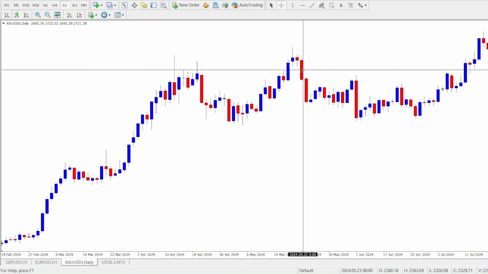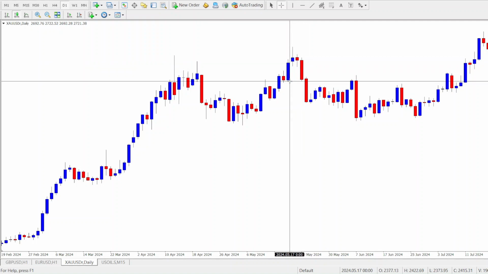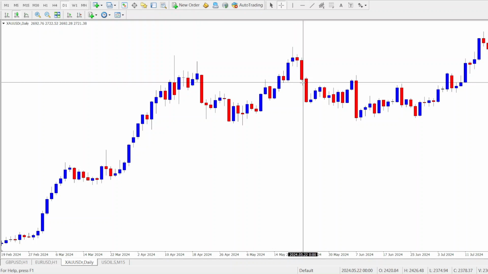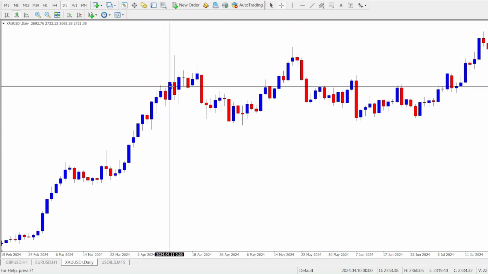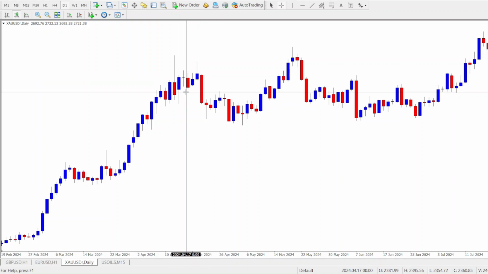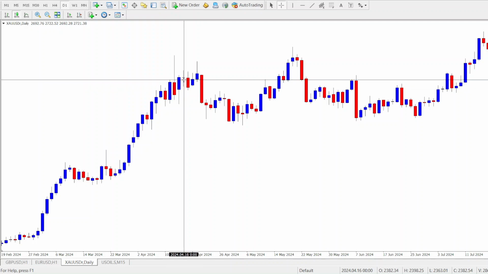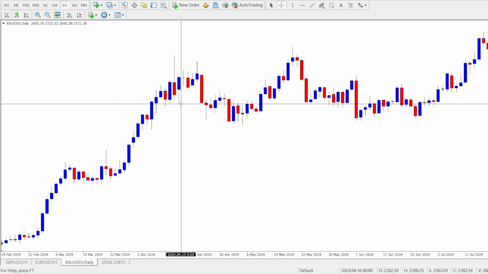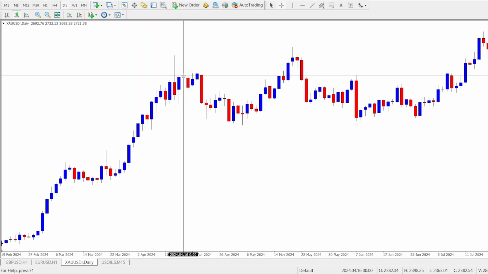So we have the open, the high, the low, and the close. Now for a bullish candle, it's just the opposite. We have the open price at the bottom of the body, and the close price at the top of the body. At the bottom of the wick we have the low, and at the top of the wick we have the high.